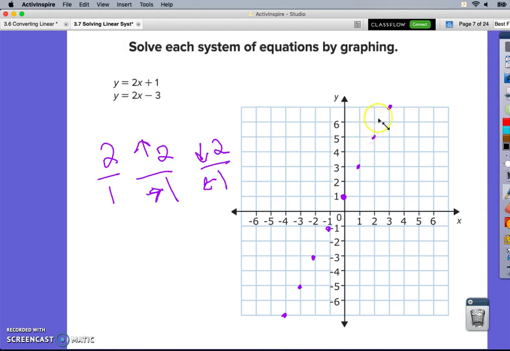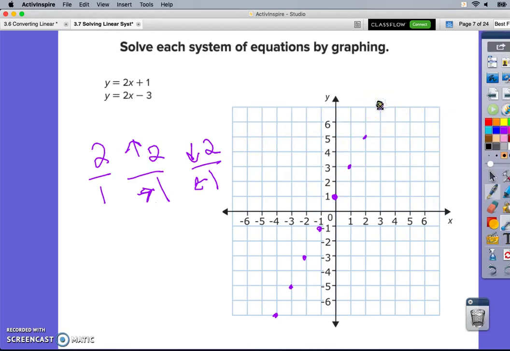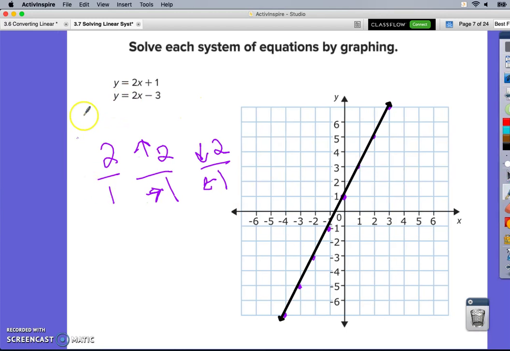I'm going to go from here to this point here. It's kind of that line. Okay, then I'm going to graph my second equation. I'm going to start at -3. That's my y-intercept. And then I'm going to go, again, I have the slope of 2.